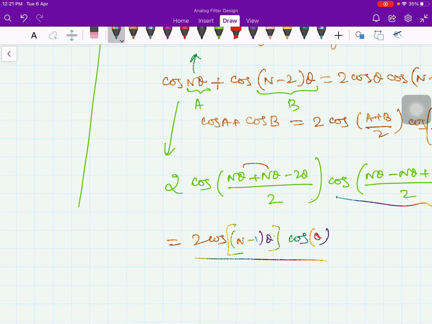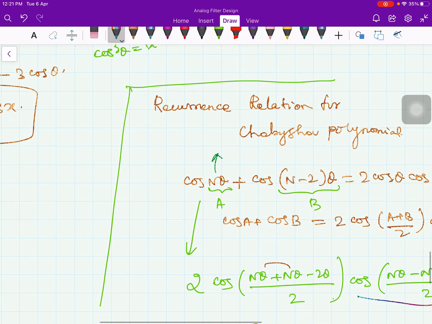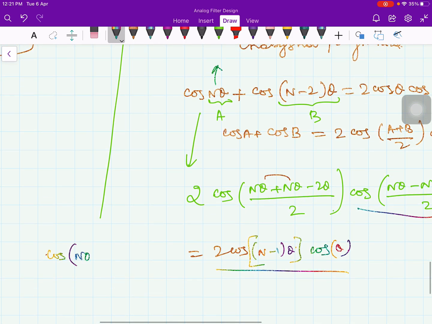On the right hand side you got this expression, and on the left hand side cosine of n theta plus cosine of n minus 2 theta.